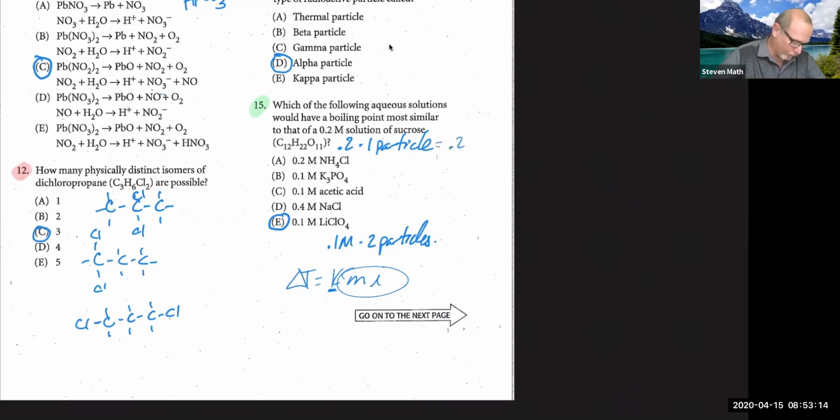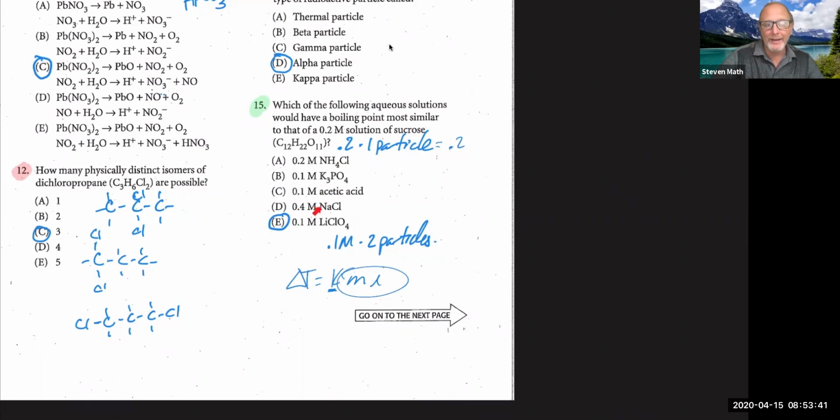If I go through the rest of these, I have 0.2 times 2 particles. That would be 0.4. I have 0.1 times 4 particles, K3PO4. So that's going to be 0.4. That's probably going to have the highest of all of these. 0.1 times 1 particle. Acetic acid is a weak acid. Not going to help us. 0.4 times 2.